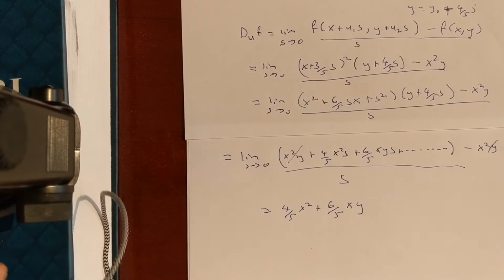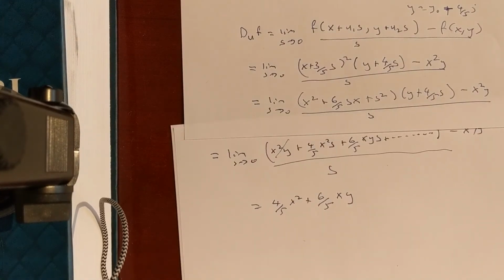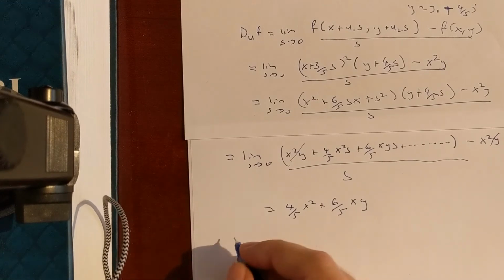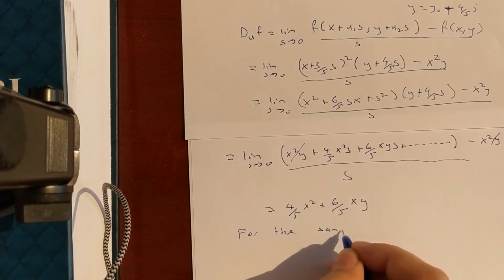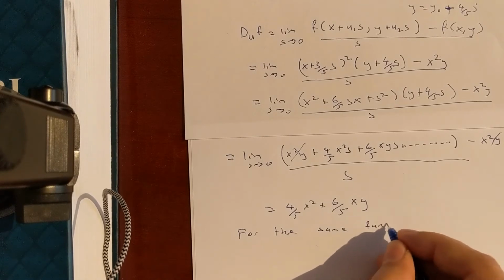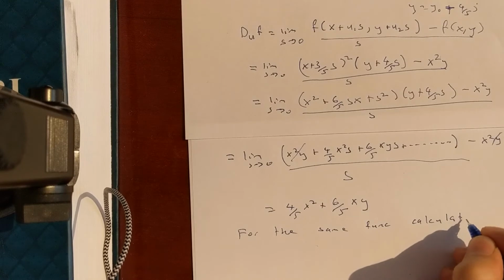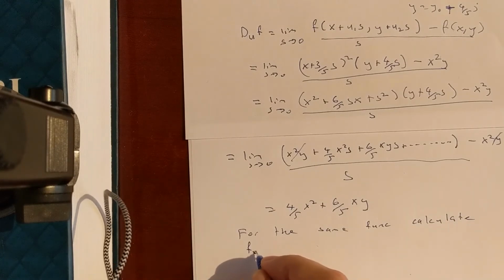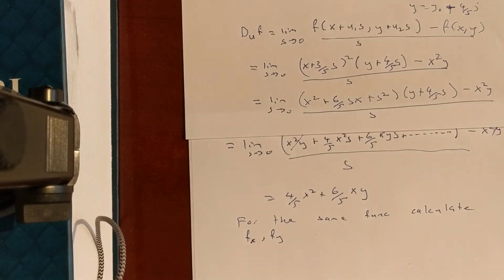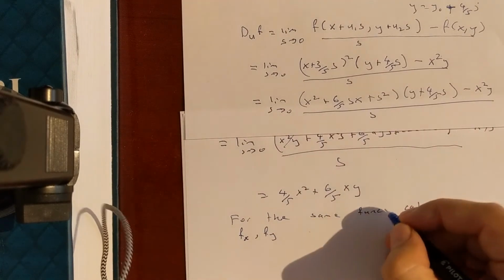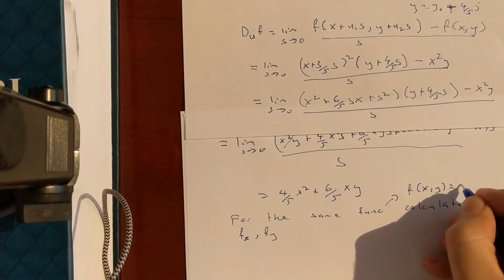Now, I want to ask you the following question. For the same function, calculate the partials f sub x and f sub y. What was the function? Remember, we were talking about the function f of x y equals x squared y.